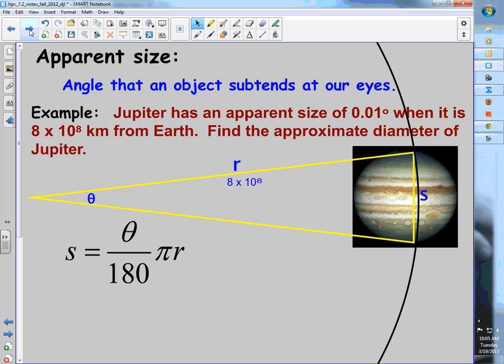Your formula for arc length is n over 180 pi r, or theta pi r over 180. So if we're in degrees, as in this problem, you have an apparent size of 0.01 degrees, that's theta. The radius is 8 times 10 to the 8 kilometers, and you're trying to figure out the diameter of Jupiter.